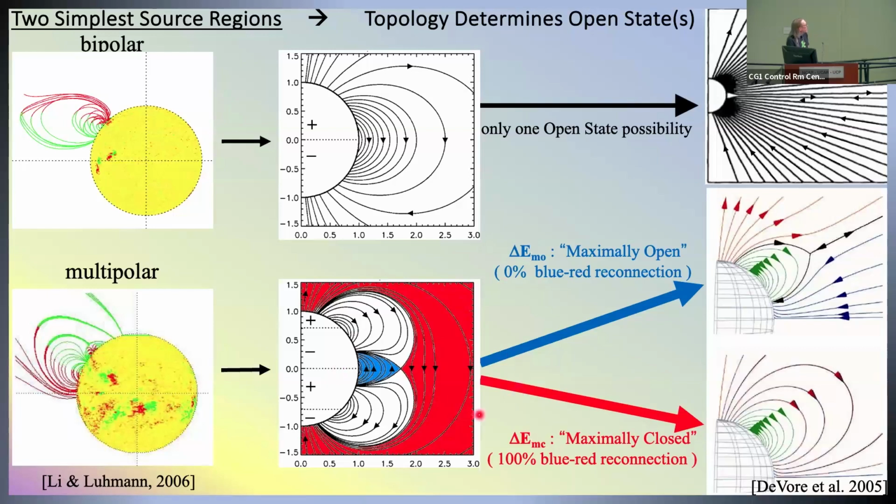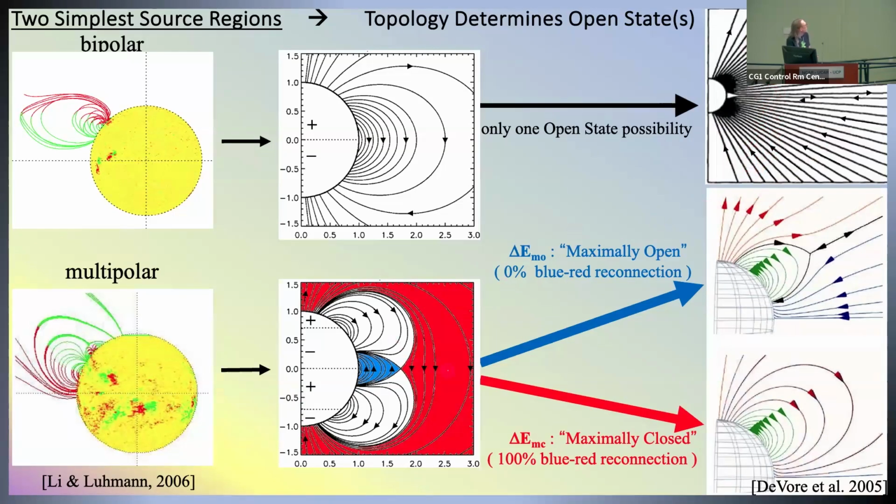And the thing that I get out of making my source region configuration just a little bit more complicated is now I have two options for my maximally open state, or like how much energy can I put into this system. So my two different options are, there's one option that looks a lot like this, where I try to drag as much of the field out to infinity as possible.